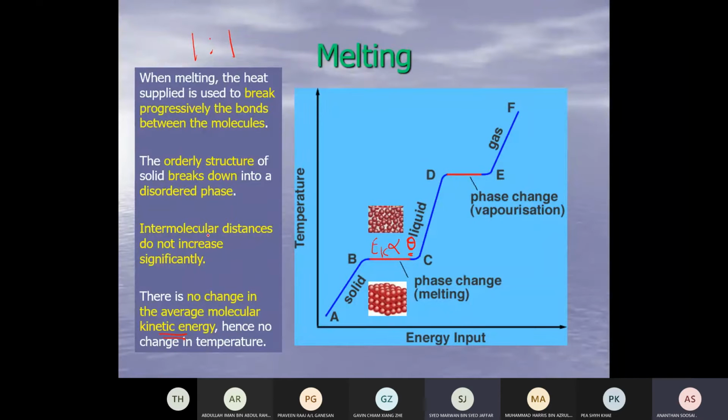So EK is proportional to temperature, so no rise in kinetic energy. A to B, EK increases. B to C, no change in EK. C to D, EK increases further. So when temperature rises, EK of the particles rises. So this is melting.